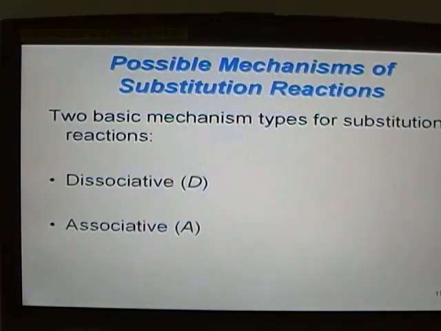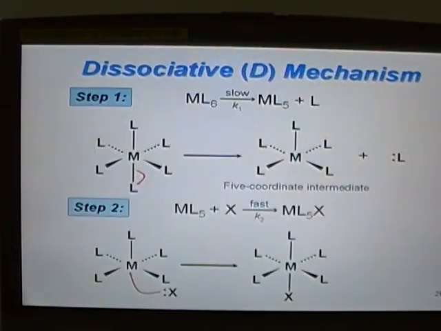Sometimes in the literature or in your textbook you will see dissociative substitution reactions labeled as D and associative labeled as A. So there's two possible mechanisms. Which one is correct most of the time? Let's look at the proposed mechanism for the dissociative substitution reaction first.